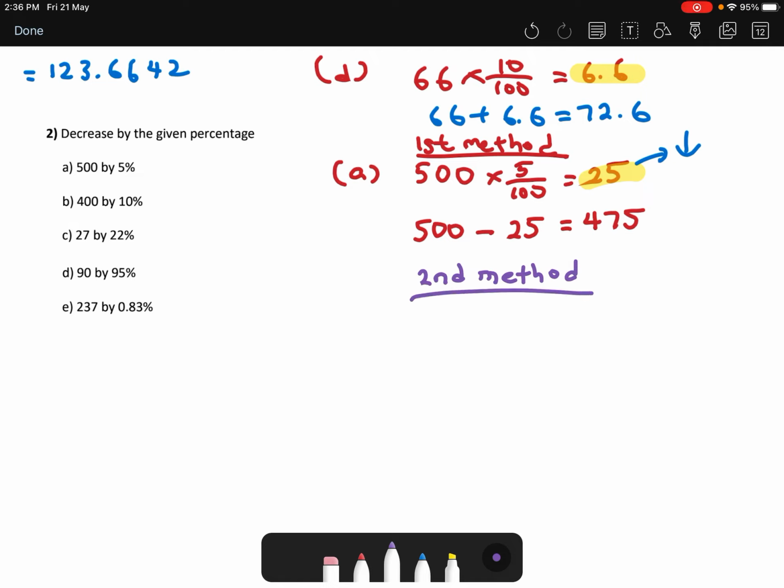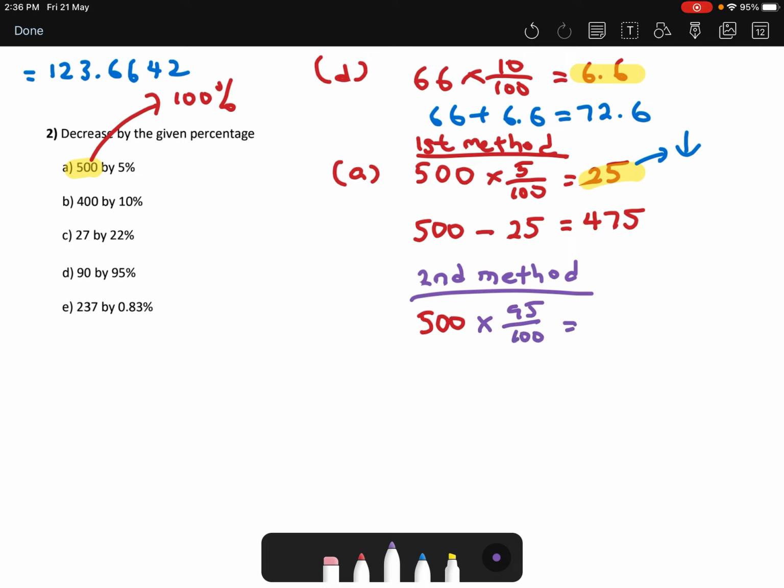So second method, every time you are given some number, like for this 500, this is always 100%. Okay, so I decrease by 5%. How much percentage do I have now? It becomes 95%, right? Because 100 minus 5% equal to 95%. So you simply just use 500 times 95 over 100.